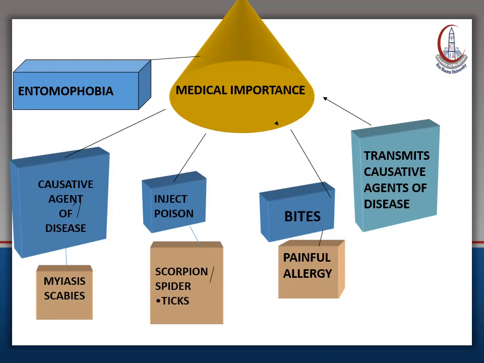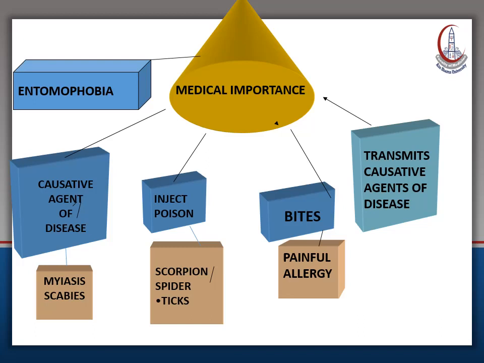Scabies is another arthropod which burrows through the man's skin, and they cause a very severe itching condition. Of course, these conditions you're going to study in detail as you proceed in the parasitology course.